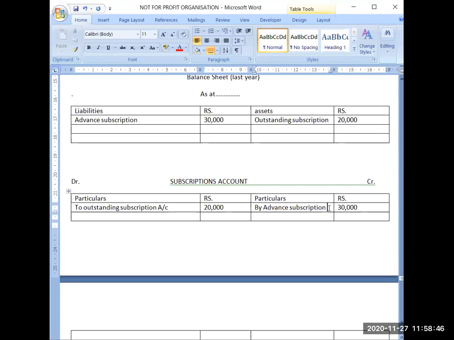And you can also think it journal entry wise, you can also think it balance wise. Like outstanding subscription would be having a debit balance, so written on the debit side. Advanced subscription would be having a credit balance, that's why written on the credit side. Okay. Now the next part is that we have received the subscription in the current year.